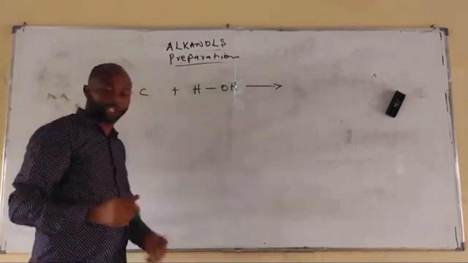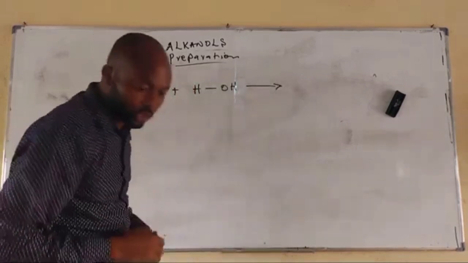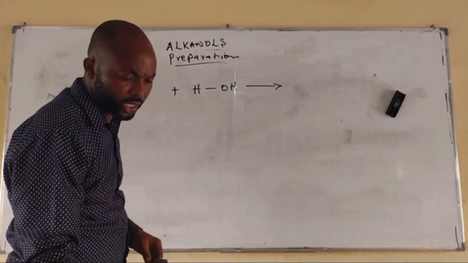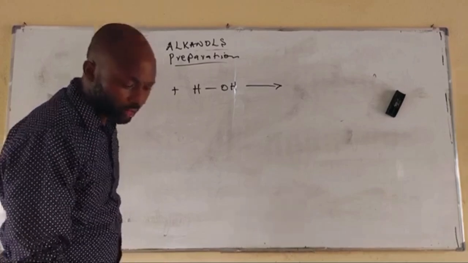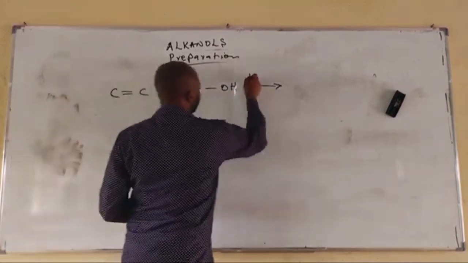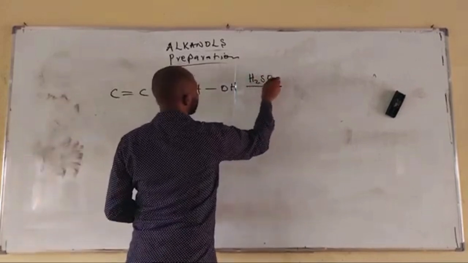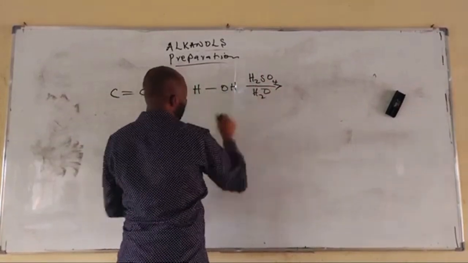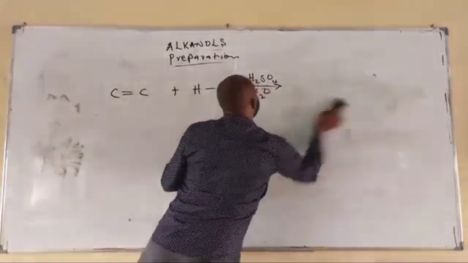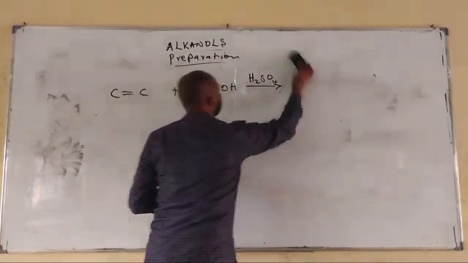What is the condition? Using hydration of alkenes, H2SO4 and water as a catalyst, which is, this is the water, so I don't need to put that, in the presence of an acid.